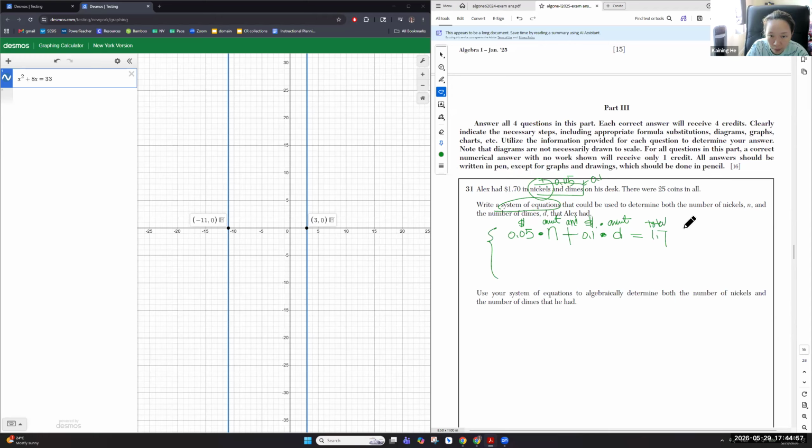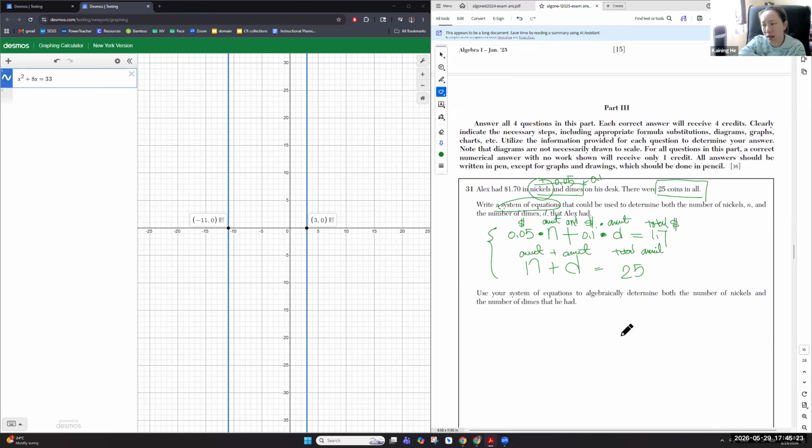Once again, total money. Next one, they said 25 coins in total. I know the amount of nickels plus the amount of dimes. So once again, an amount plus an amount is equal to the total amount, and they mentioned the total is 25. So that's it. 0.05 N plus 0.1 D equals 1.7.